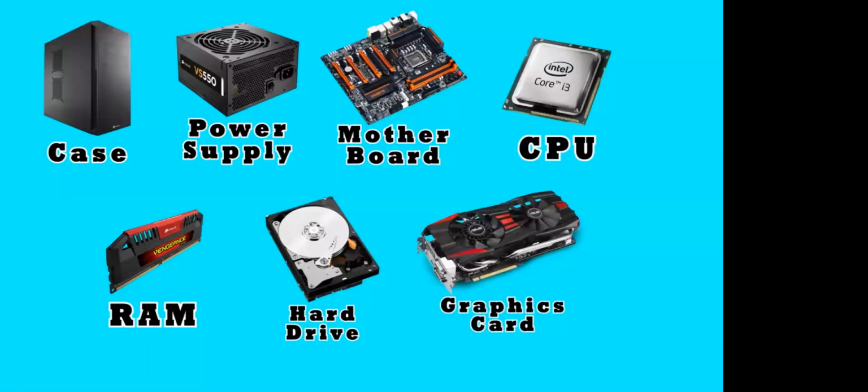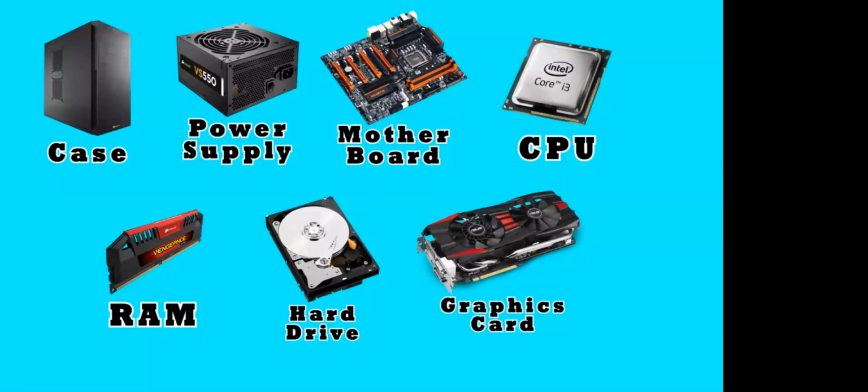Then the motherboard: we use the motherboard as a communication bridge between the CPU and other components. What are the other components? Random access memory, hard drive, graphics card, keyboard, mouse, and all that.